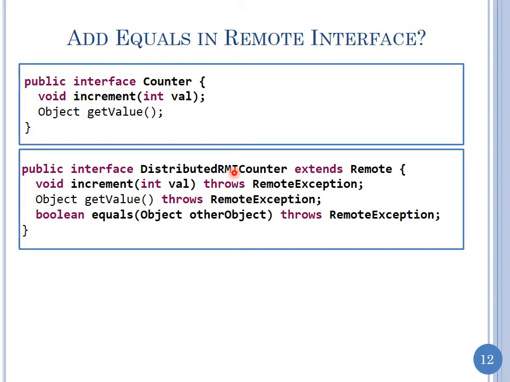But equals is defined in class Object. So is distributed RMI counter a subtype of class Object? But it is. Everything is a subclass of Object. Yes, well, but interfaces... Interfaces don't do... Every object. So, yeah, it's just again just a design identity. I wish Object had an interface, but anyway. So you can't do this.